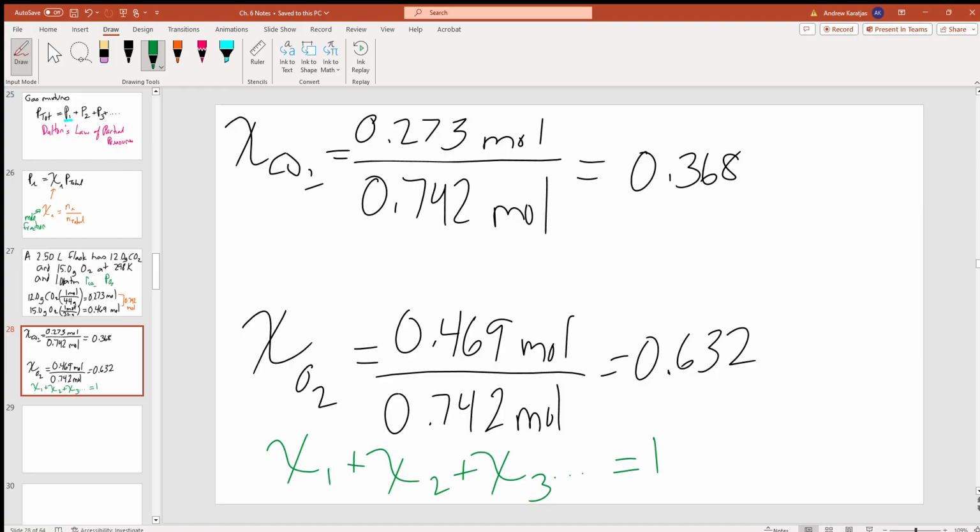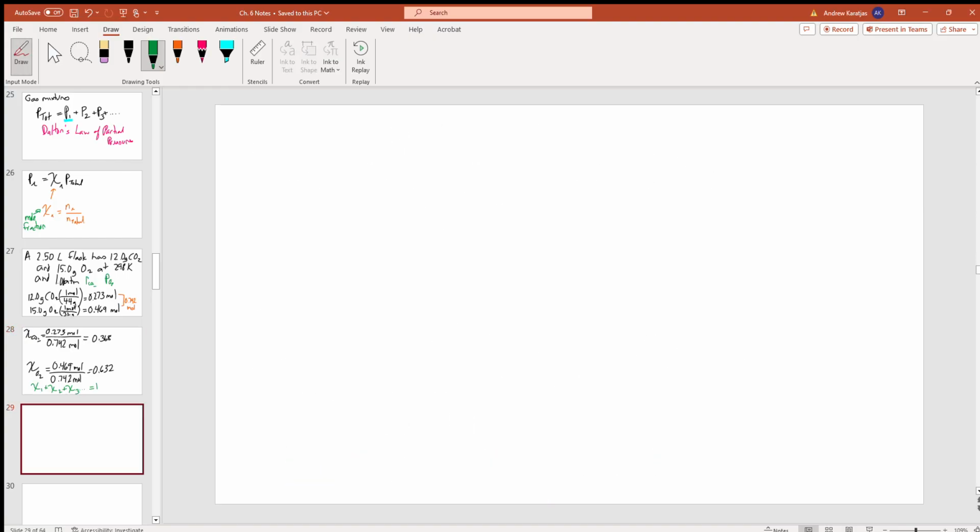All right, now in order to find the pressures, we first need to find the total pressure. The total pressure we can get from the ideal gas law.